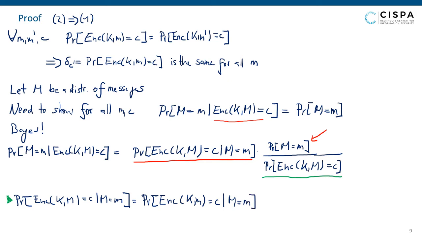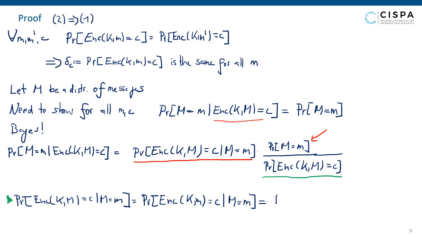Now we also know that the random coins of enc and the key k are independent of the independently chosen message m. So this conditioning doesn't have an effect, because the ciphertext and message are now independent.